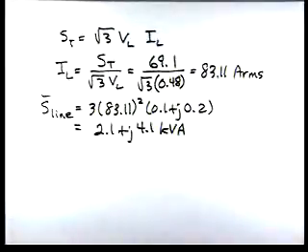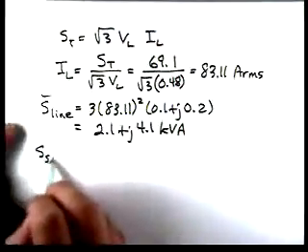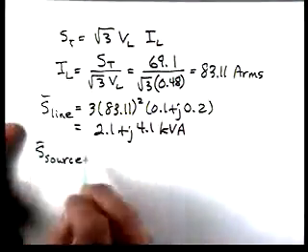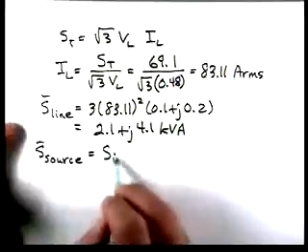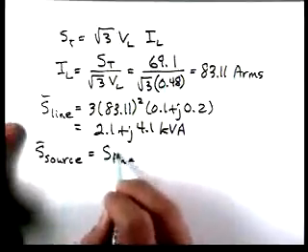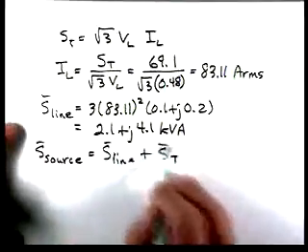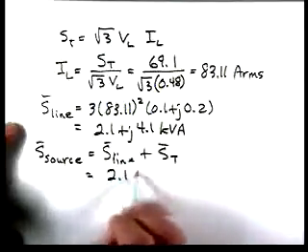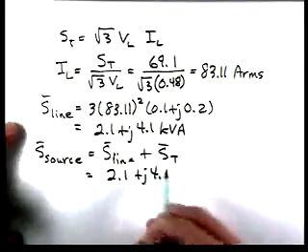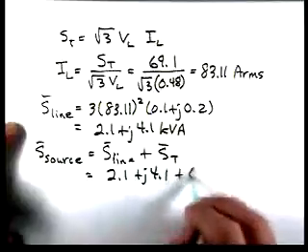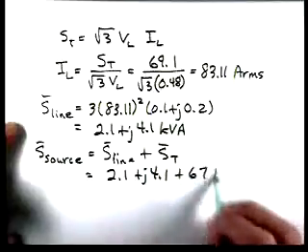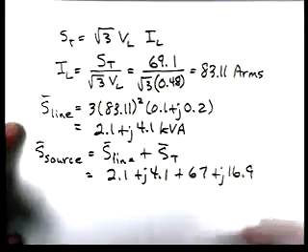Now we can calculate the complex power supplied by the source. So S for the source is S line plus S_T. So we have 2.1 plus j4.1 plus 67 plus j16.9.